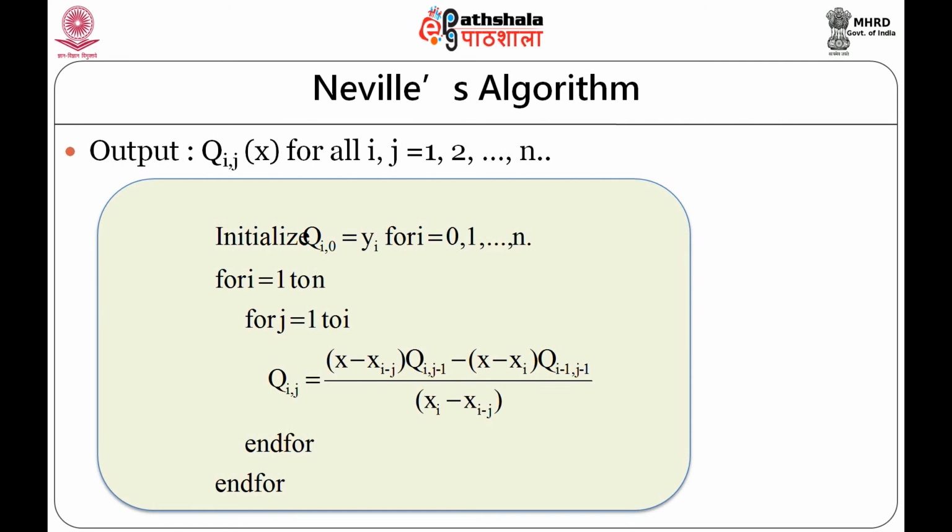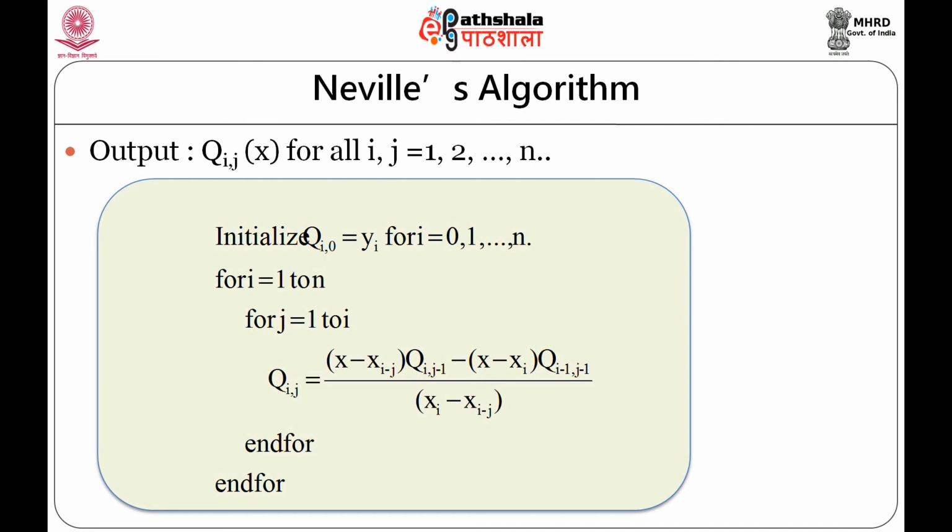So, q i j is given by x minus x i minus j. See, the data points for q i j are starting from x i minus j up to x i, and therefore, we are taking here the first factor as x minus x i minus j into q i at j minus 1, minus x minus x i into q i minus 1 and j minus 1.